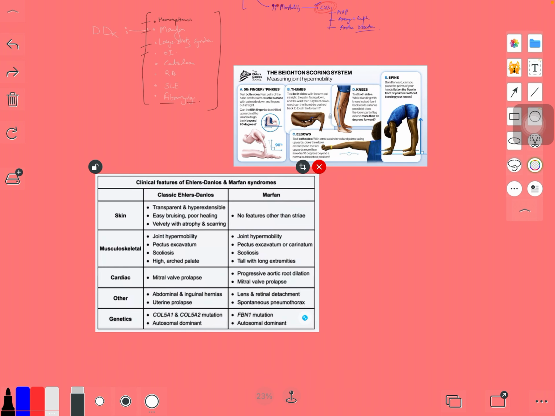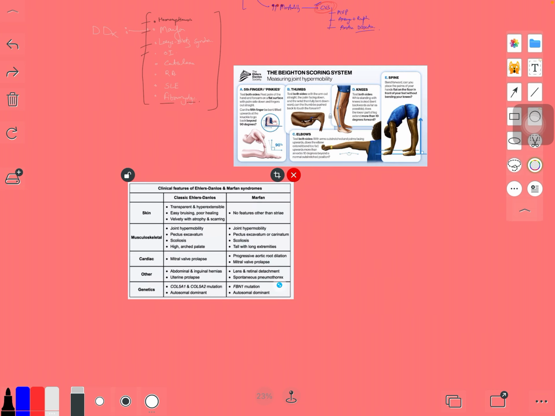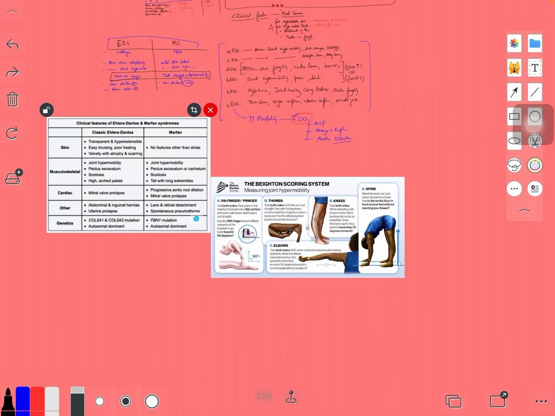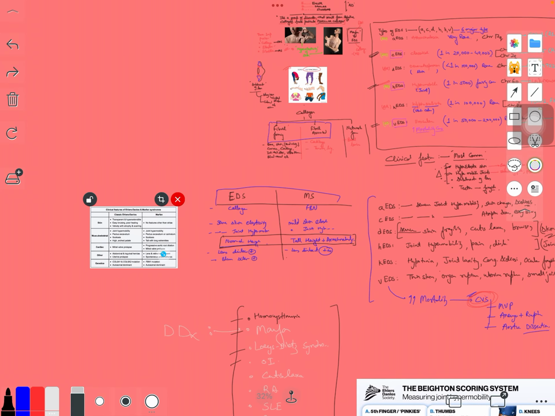This is our table which helps us differentiate whether the patient has Ehlers-Danlos or Marfan. You can check all of them. Right, I'll just keep it over here alongside.